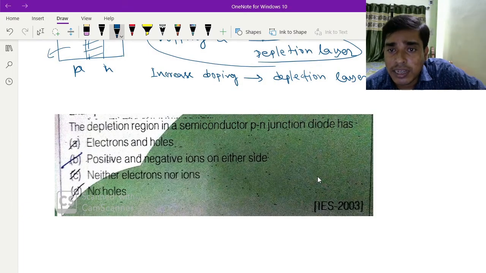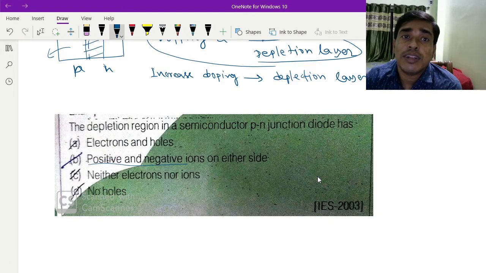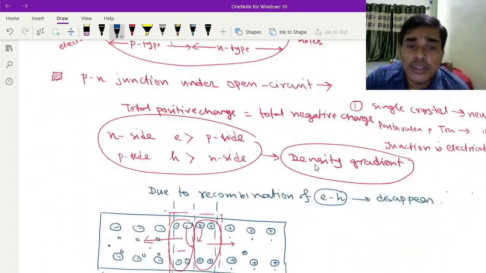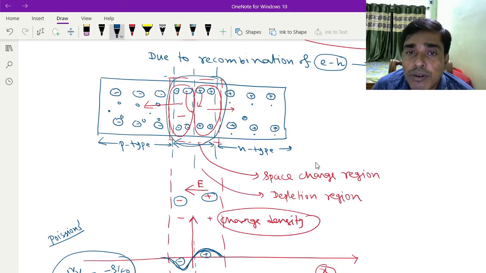Now, the depletion region in a semiconductor PN junction diode has electrons and holes, or positive and negative ions on either side, or neither electrons nor ions? In the depletion layer, you see only positive and negative ions, there are no electrons and holes. You see that I have shown earlier in this region there is no electron, no holes, because all the electrons and holes are recombined in this junction.